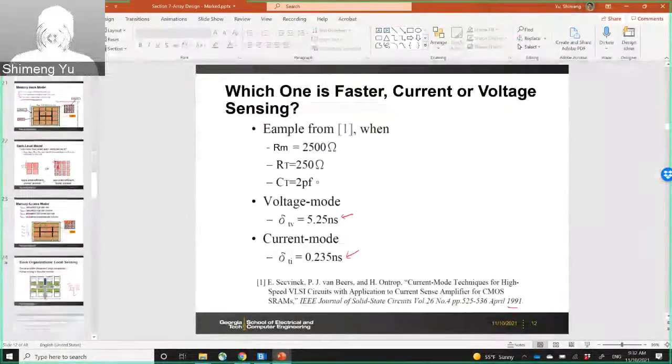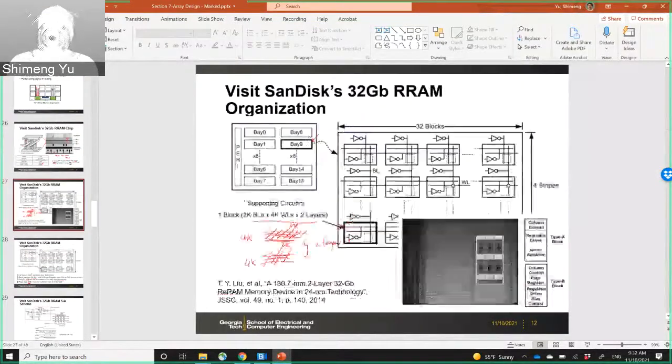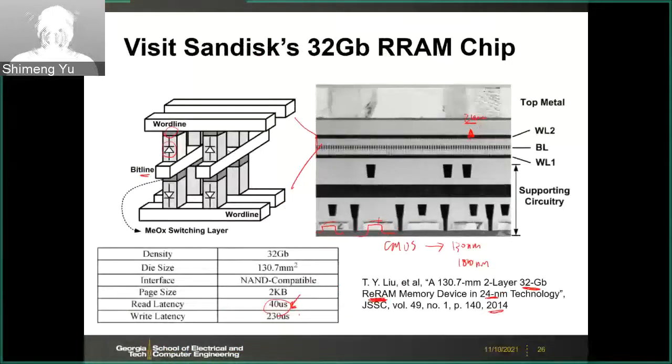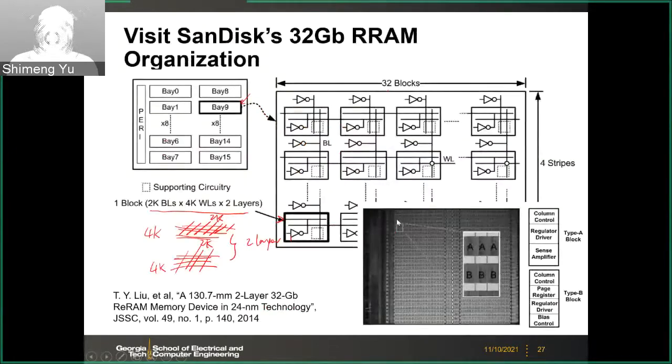And then we discuss about this particular design for the 32 gigabit RN chip proposed by SanDisk. And this is a two-layer cross-point array. And the peripheral circuits are underneath the cross-point array. And here, this is like a bay or bank.